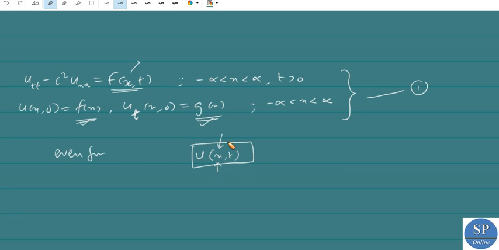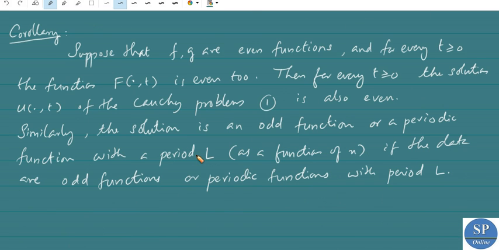Similarly, if these functions are odd functions, then the corresponding solution is also an odd function. Or if these are periodic functions, then the corresponding solution is also a periodic function. So this is described in the corollary of the theorem we last proved.